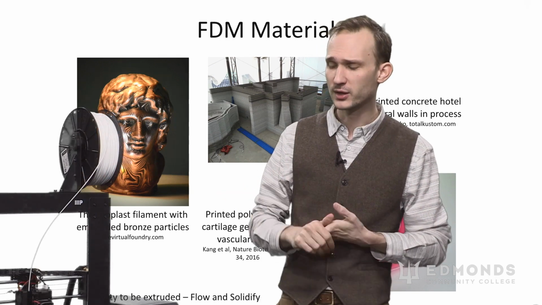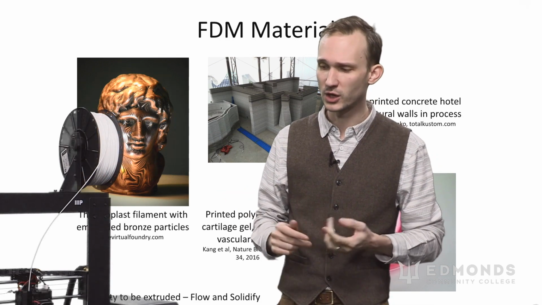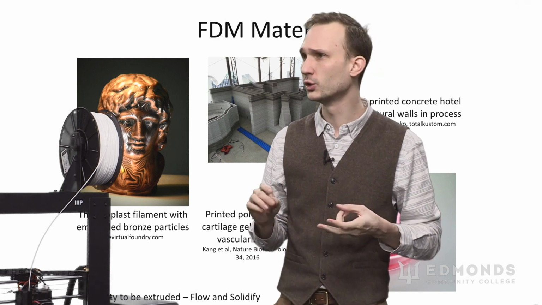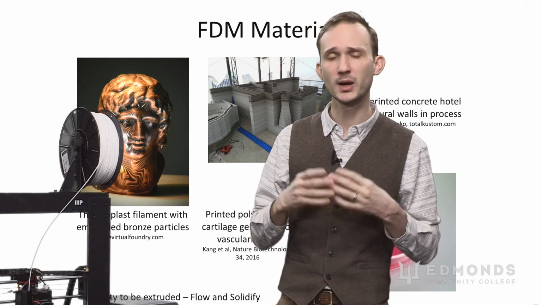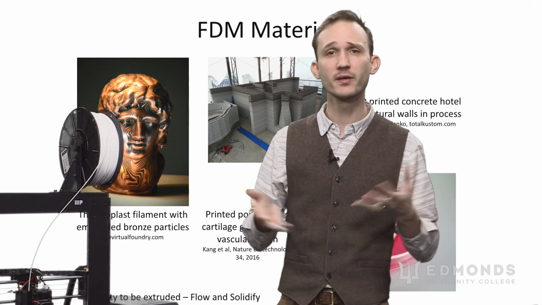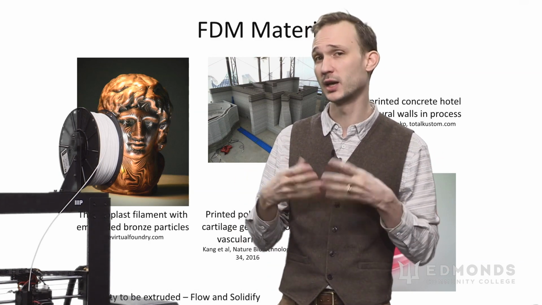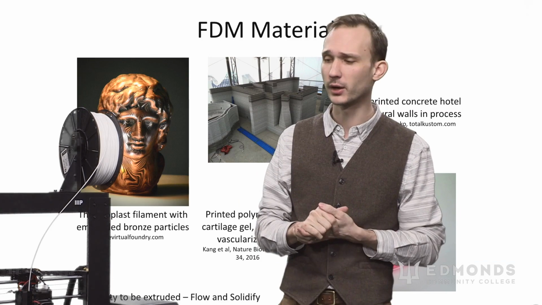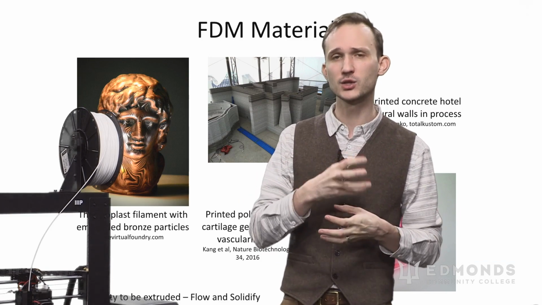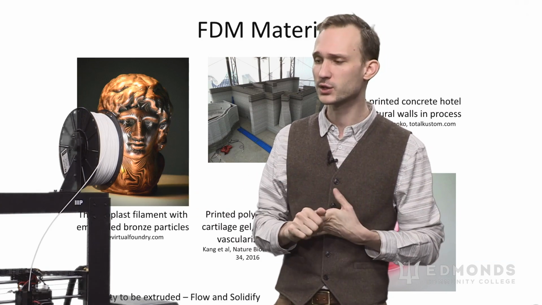And we could modify this machine to extrude other things, such as chocolate, or to extrude sugar by suspending it in isopropyl alcohol, dissolving that solvent quickly as it extrudes a thick supersaturated slurry, and then as a result crystallizing that material in place.